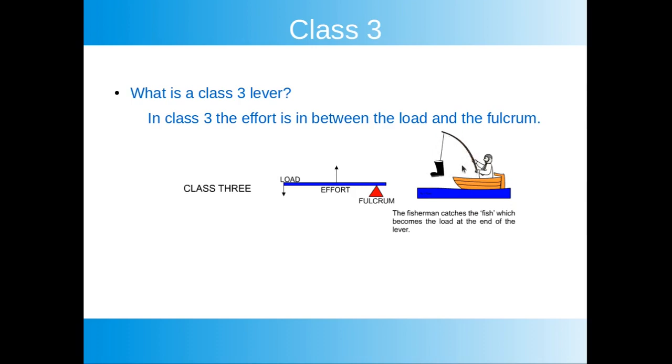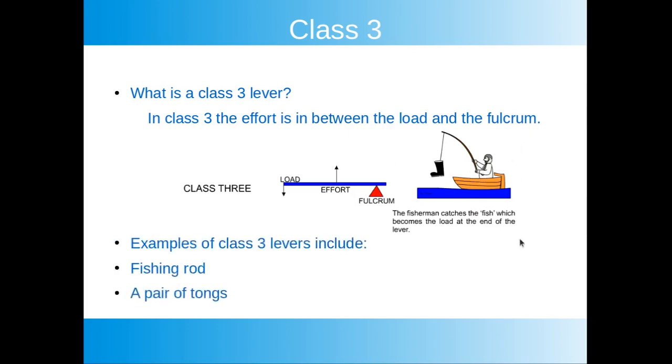At the middle, the man holds the stick. That is his effort. And at the end of the stick over here, that is the fulcrum. This point is the fulcrum. So the examples are fishing rod, which I showed over here, and a pair of tongs. Even forceps, they use it in hospitals.